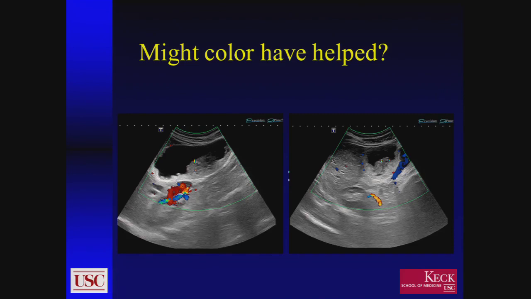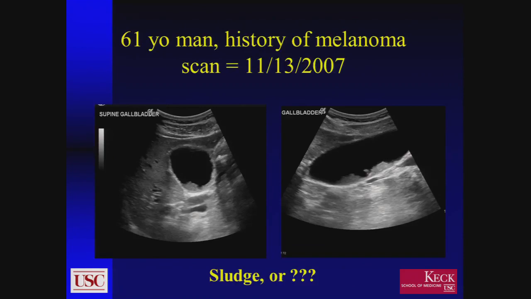But remember, metastatic melanoma is one of those nasty players that can show up in all sorts of weird places like the gallbladder or the spleen, but it is kind of a scary situation when you look back at this, that obviously when we did the scan originally, we didn't sit around and wait to see if this stuff actually moved.